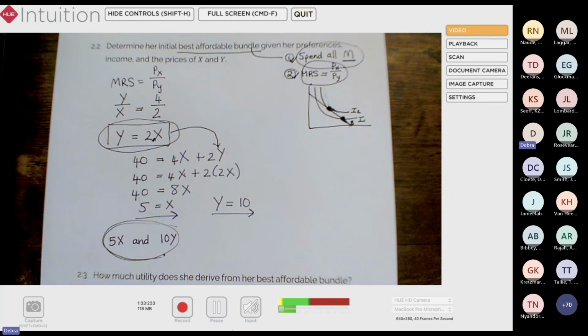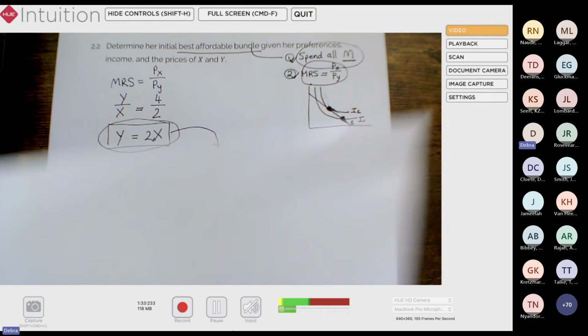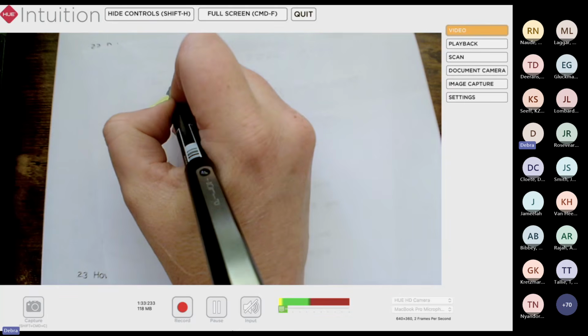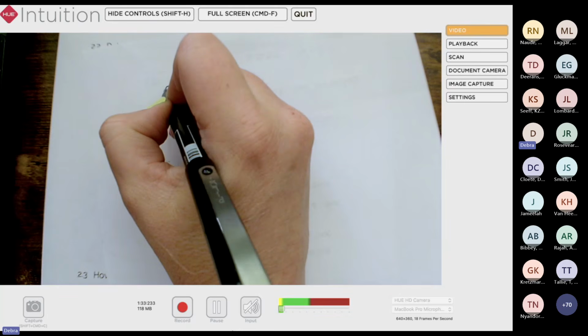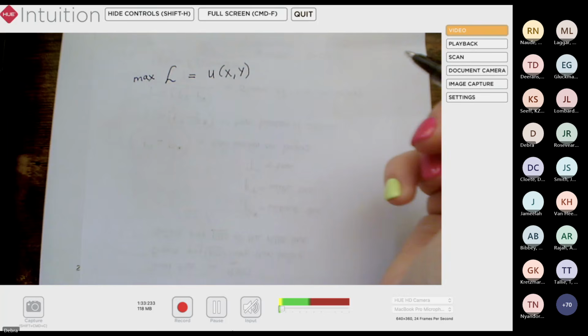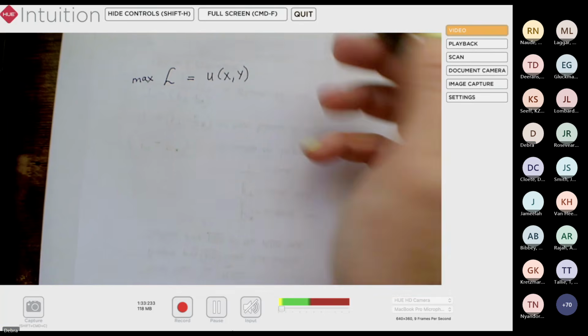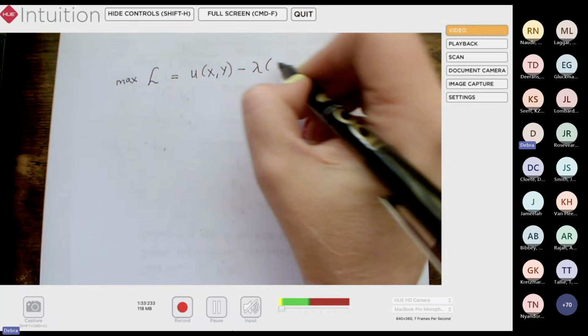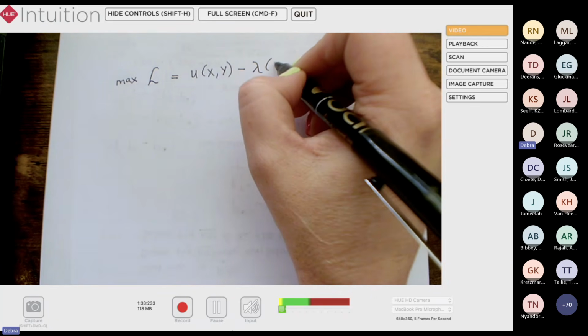Okay, so how does the Lagrangian give us these two conditions? So the Lagrangian tells us that in order to optimize, we need to be maximizing the difference between the utility we get and some penalty that is applied to overspending.